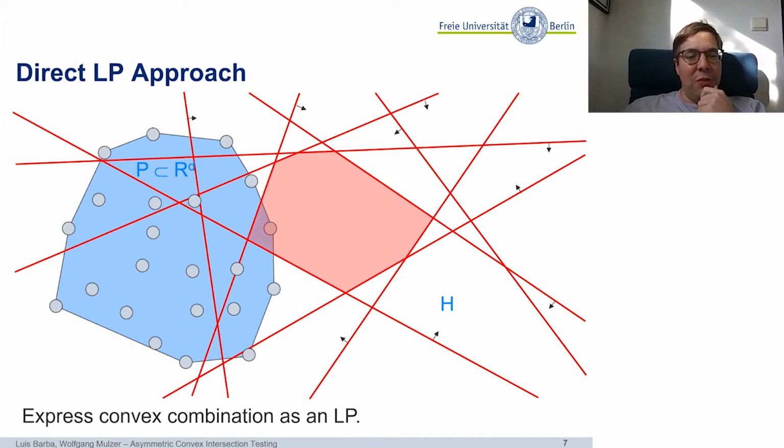But of course, we could also try to do it the other way. Another approach that we might try is to use linear programming directly, but we do not compute the convex polytope of P. What we do is we write the linear program with the constraints of H, and we add another constraint saying that we want to have one point which lies in the convex hull of P and fulfills all of these constraints.